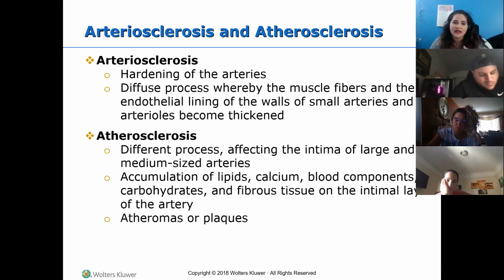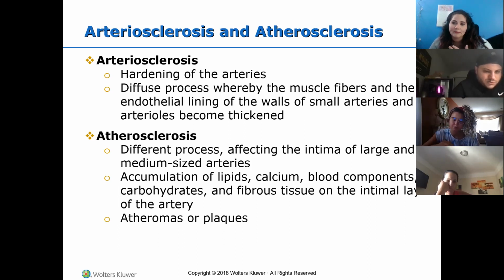It's a different process affecting the intima of large and medium-sized arteries. It's accumulation of lipids, calcium, blood components, carbohydrates, and fibrous tissue on the intimal layer of the artery, and atheromas or plaques. Same atherosclerosis that we did already.